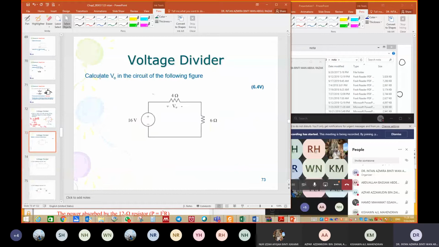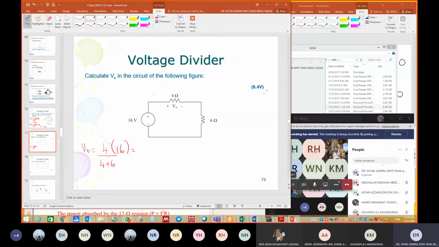How about this? Calculate V0. V0 is equal to, multiplied by 16.